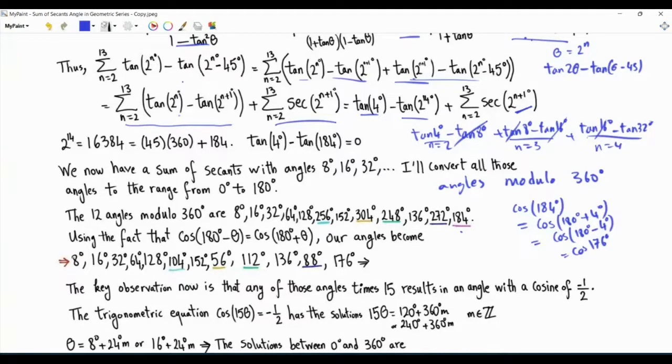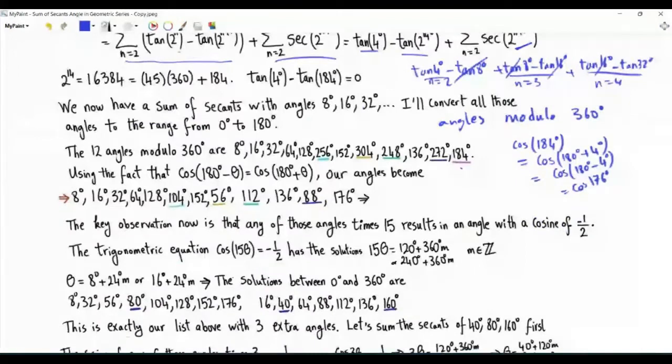And then we need to examine those angles, spend some time trying to find what can be common among all of them. We will discover that each one of those angles, if multiplied by 15, will give you an angle whose cosine is minus 1/2. So the angles satisfy cosine 15 theta is -1/2.